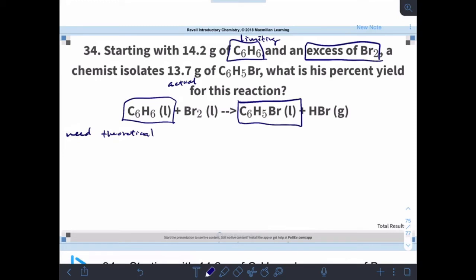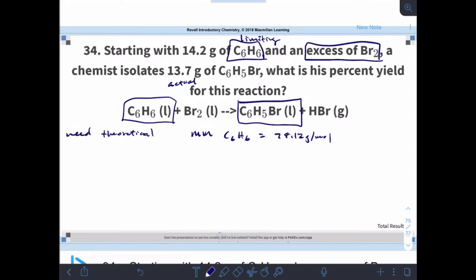Right, so we need grams of both, right? Because we're given grams of C6H6 and grams of C6H5Br, so we need the molar mass of both. The molar mass of C6H6 is 78.12 grams per mole, remembering 6 times 12.01 for the carbon, 6 times 1.01 for the hydrogen.